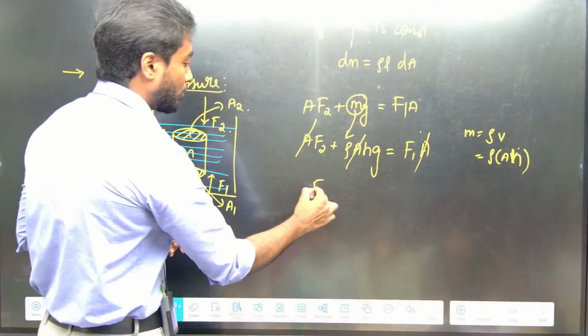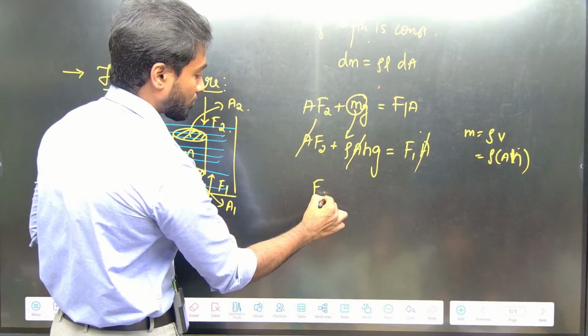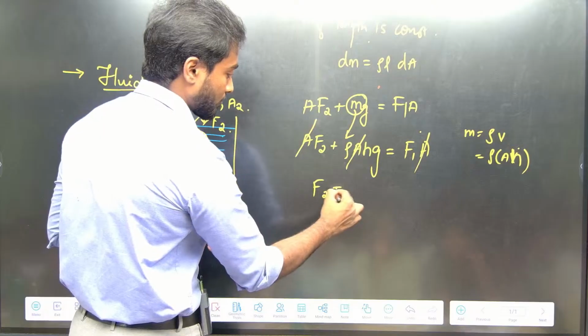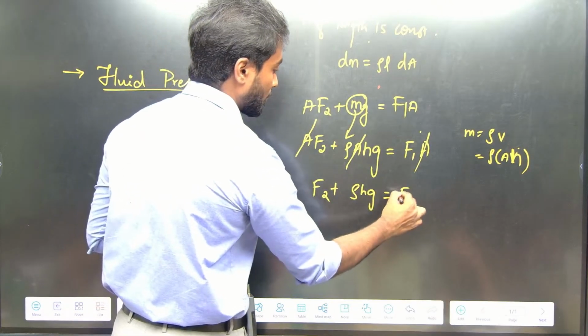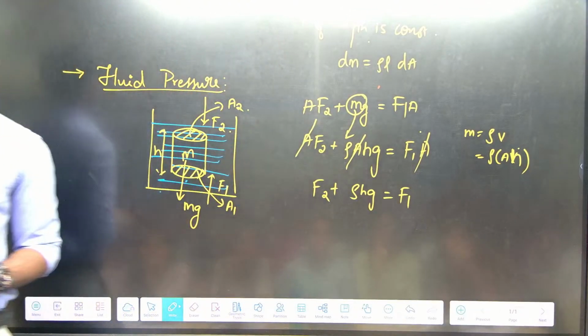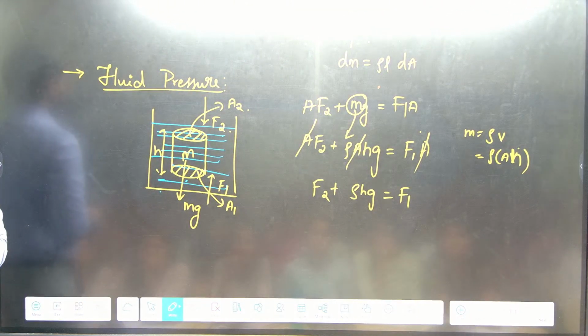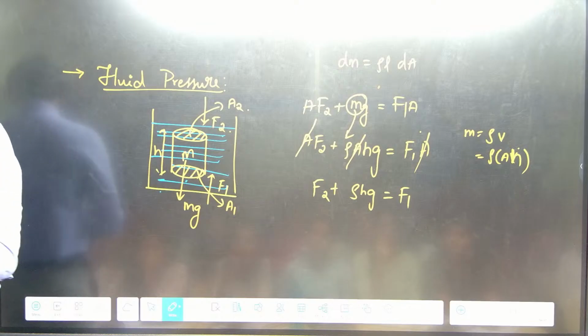So F2 plus rho h g equals F1. Any doubt here? Anyone?